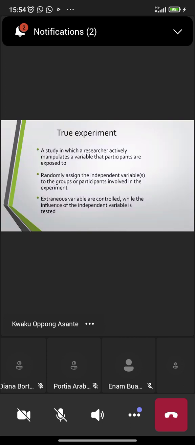So, for example, if we want to find out how alcohol intake influences recall or memory, now ideally, if you are doing an experiment, we want to be sure that it is only the alcohol intake that has influenced the recall or memory. But we know in the real world that there are so many things that can influence one's ability to recall.